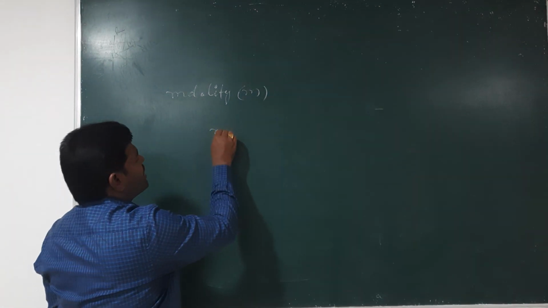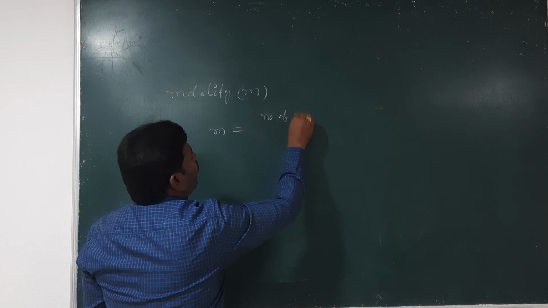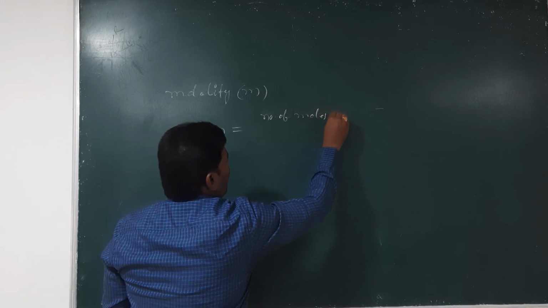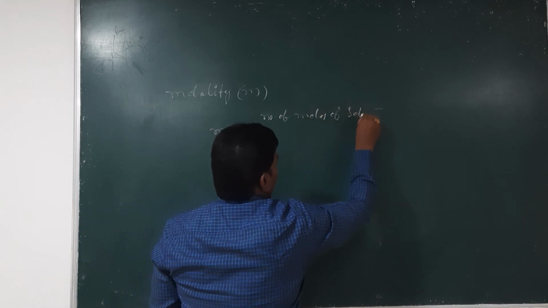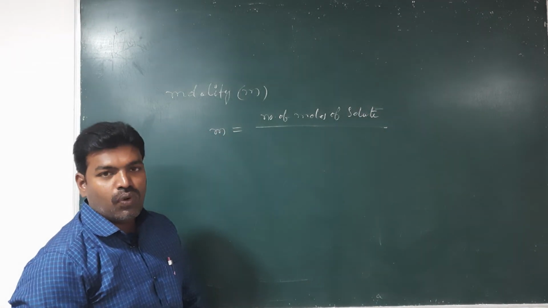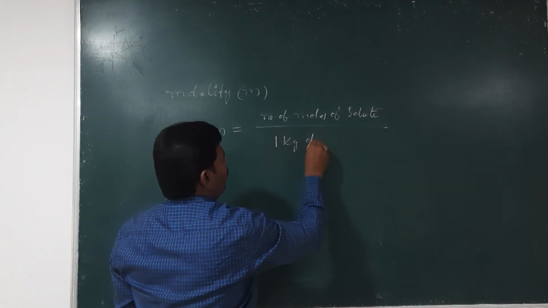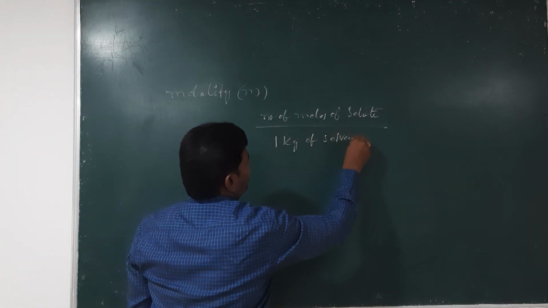This can be written as molality m is equal to the number of moles of solute present in 1 kg of solvent.